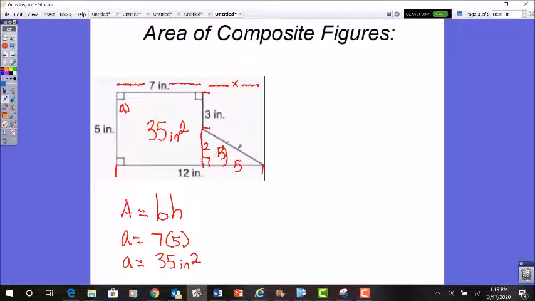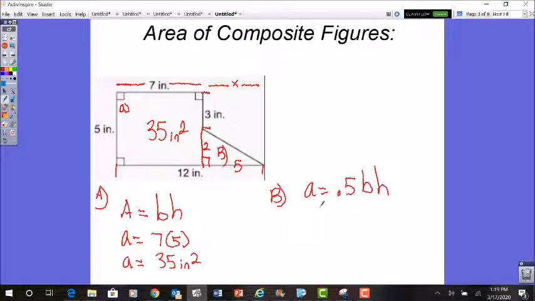Now I'm going to find the area of shape B, so this was shape A. Okay, this is shape B right here, which is the triangle, so I'm going to put the triangle formula, which is 1/2 base times height.